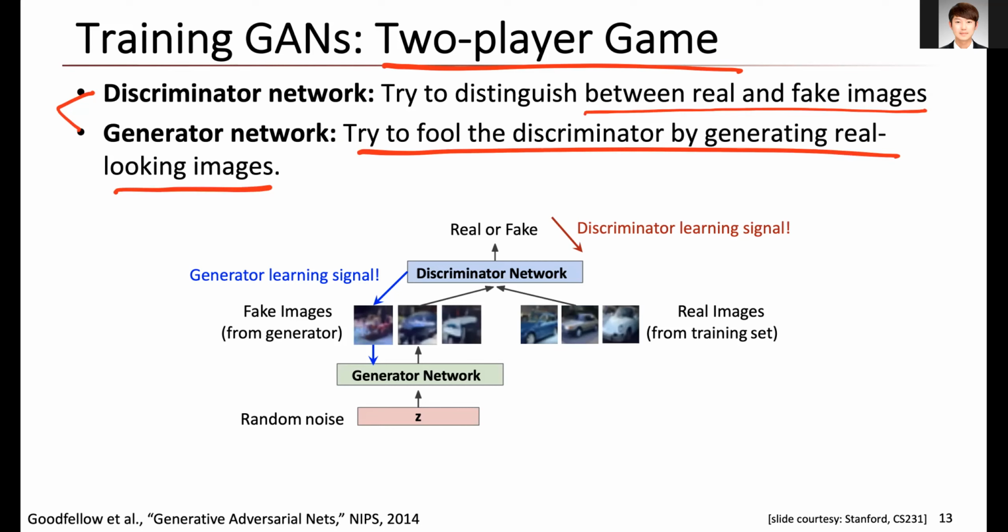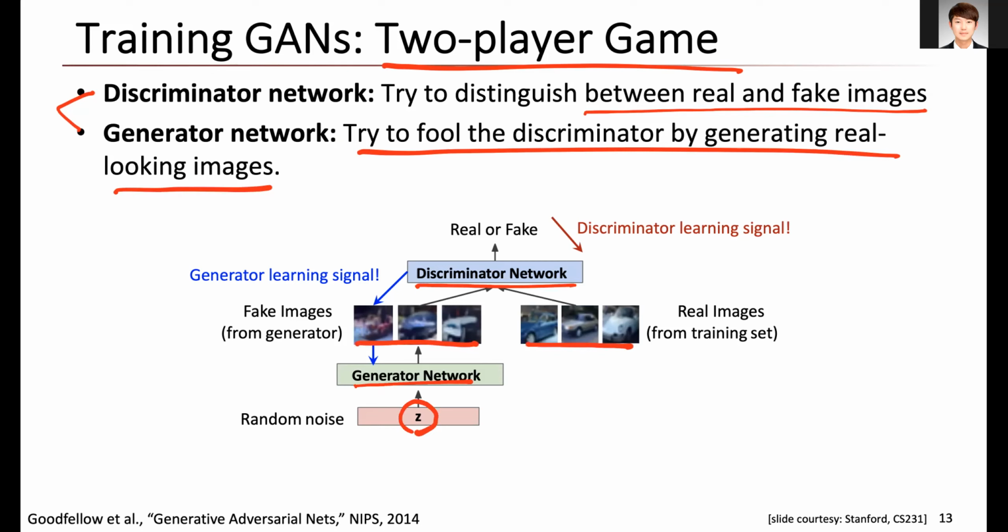So like this. Starting from random noise, the generator network generates fake images. We already have the real images, and the discriminator network takes both of them and discriminates real or fake.